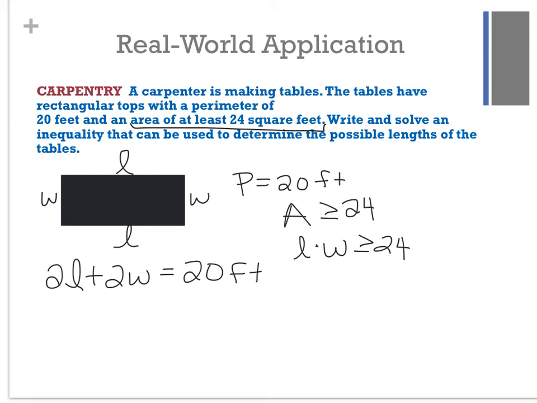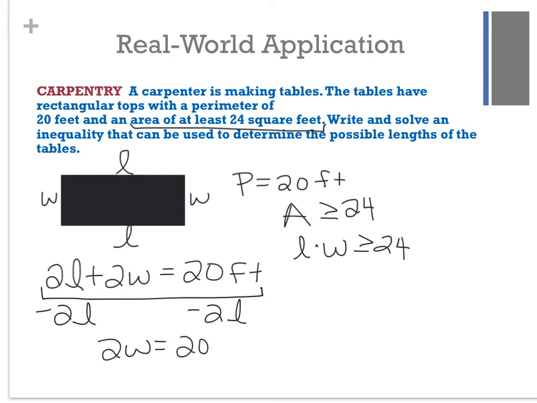Now, if I solve this perimeter equation for W, so I'll subtract 2L, and I get 2W equals 20 minus 2L. And if I divide both sides by 2, I get W equals 10 minus L.